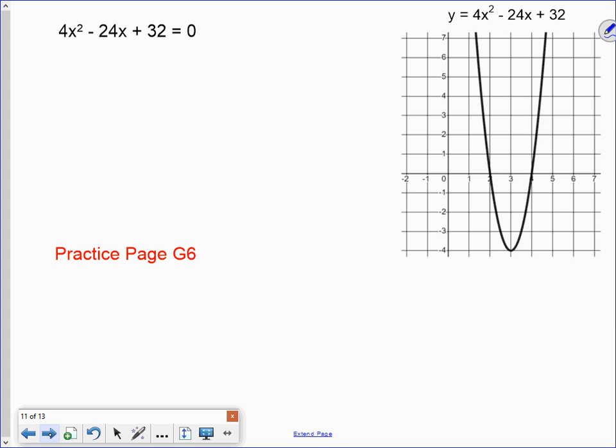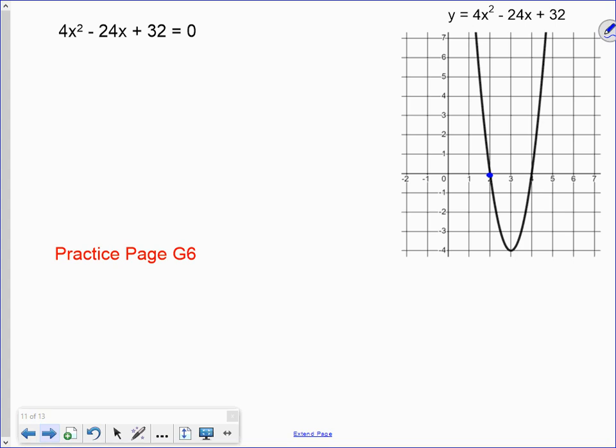All right, our last one finally here. If I have an equation like 4x squared minus 24x plus 32 equals 0, this is a complicated one to solve. I would have to common factor, and then I could factor the trinomial. But over on the right-hand side, I'm given a graph of 4x squared minus 24x plus 32 equals y. I can just read off these solutions from the graph.